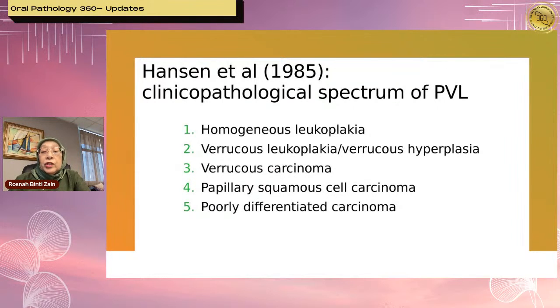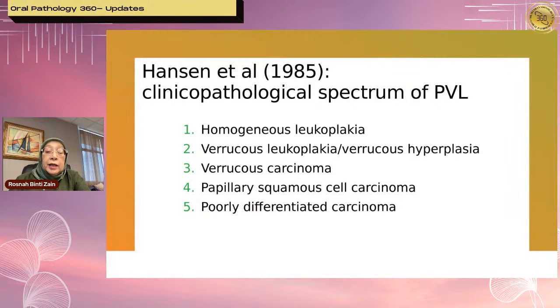Although in our definition, we say exophytic verrucous hyperplasia to cover both the white, which is verrucous leukoplakia, and the non-white. And clinically, depending on some criteria, it can also be verrucous carcinoma, although definitively it needs a biopsy. And it can also be a papillary squamous cell carcinoma.